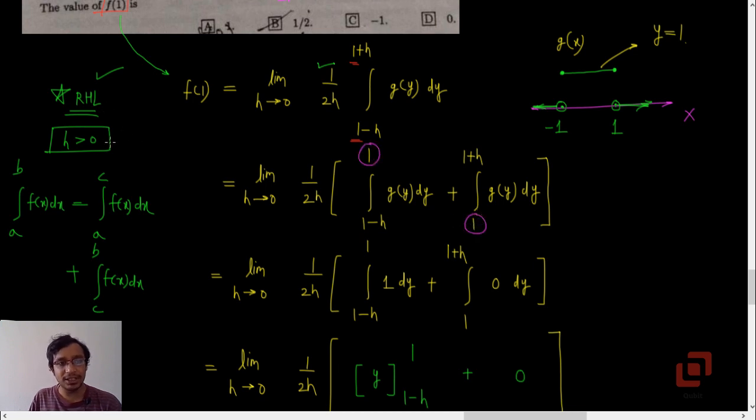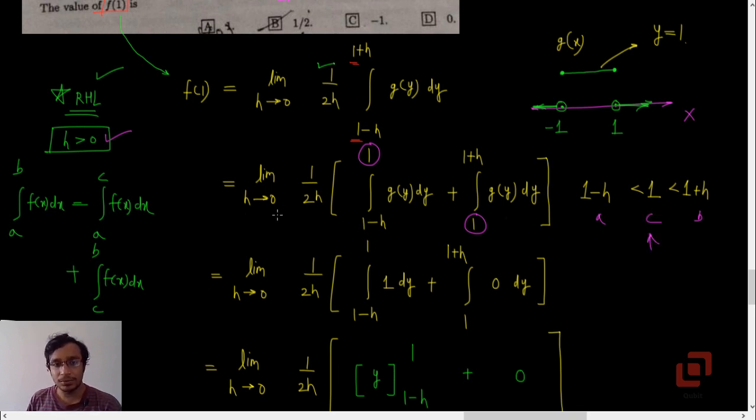Now because we have already said that the right hand limit is being taken, we can be 100% sure that 1 will be between 1 minus h and 1 plus h. Correct? So these values are like a, b and c. We are splitting our interval of integration at c.